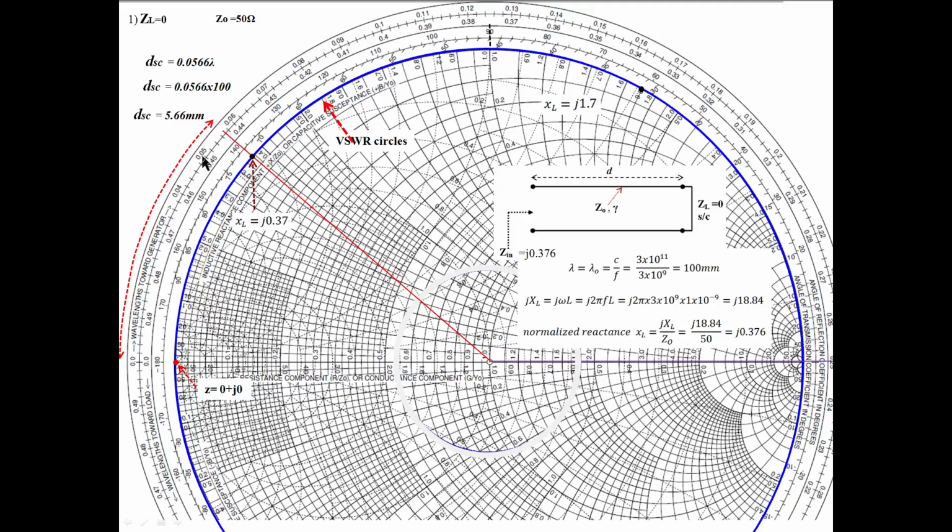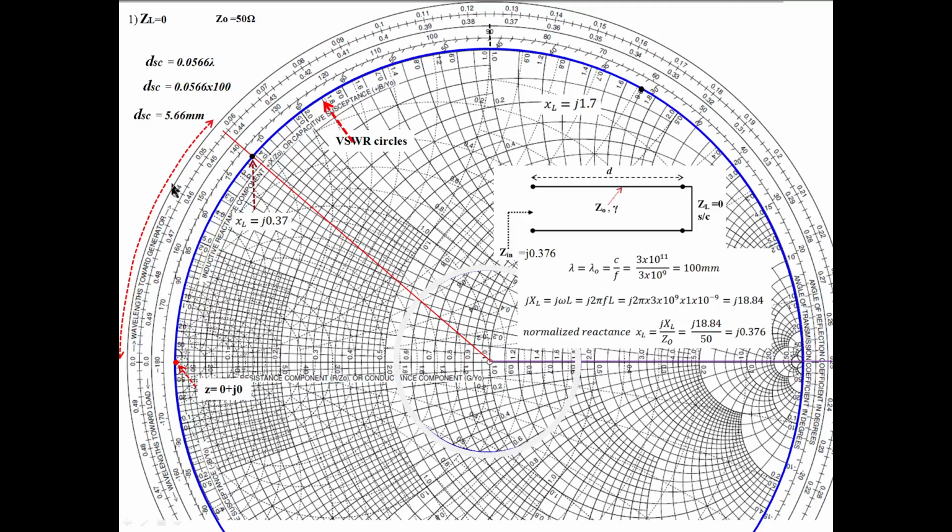Stop here. This is 0.05, and each division is 0.002. So it is 0.052, 0.054, 0.056, 0.0566. I took some intermediate value, 0.0566 lambda on the wavelength scale.